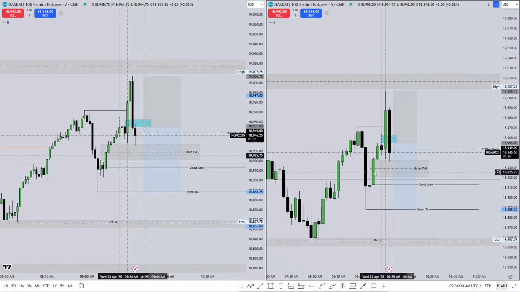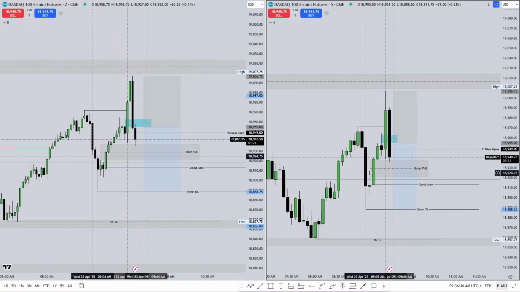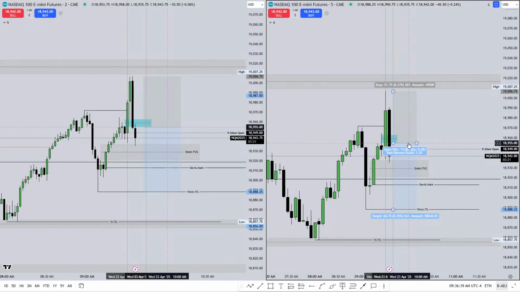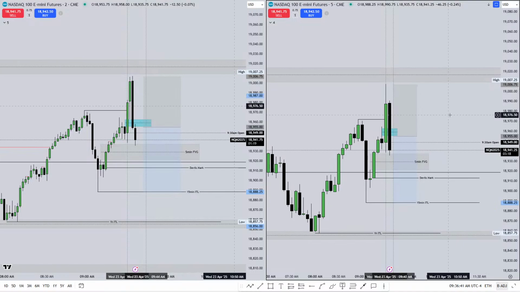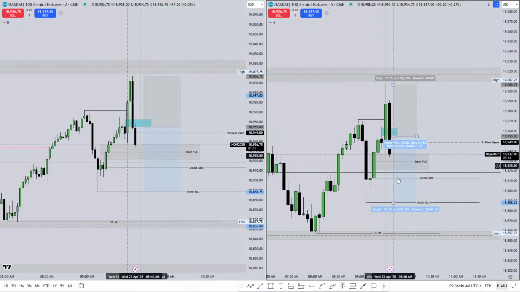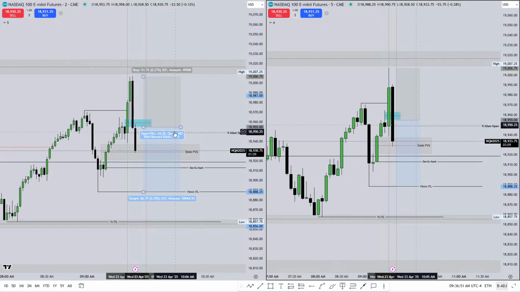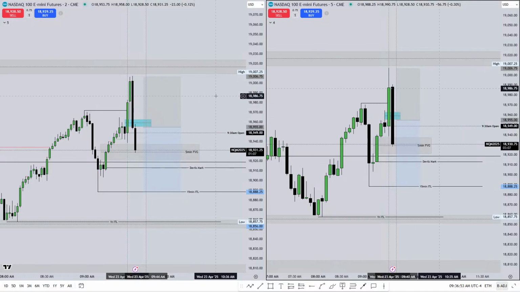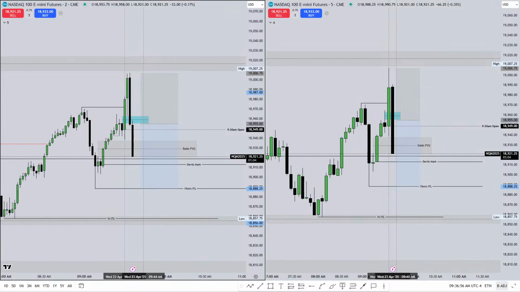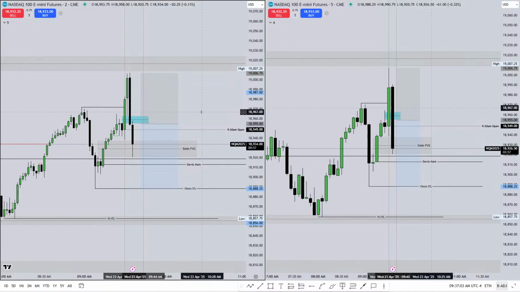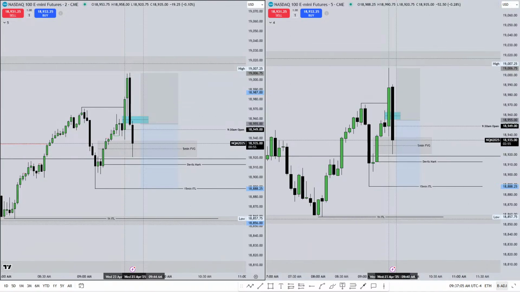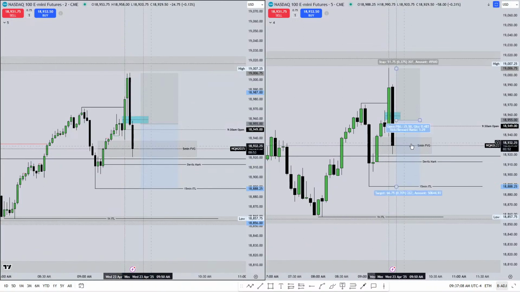And I think I would have already gone break even on this just because that 5 minute fair value gap was just hit. But I would expect this to start dumping here. But this 5 minute is really the condition.